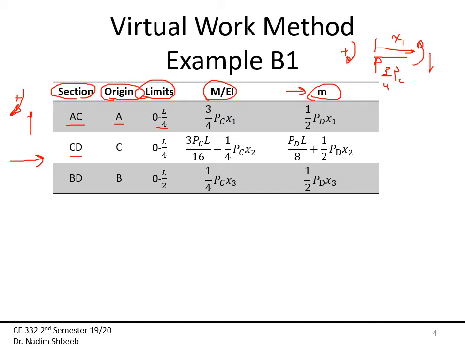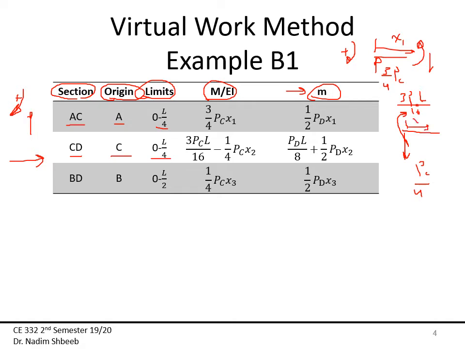Now if I go to section CD, I'm going to choose my origin at C. Again, the limit is from 0 to L over 4. Now here, because of the presence of the moment, which is my 3 PCL over 16, and here my force is pointing downward, right? This was my PC over 4.